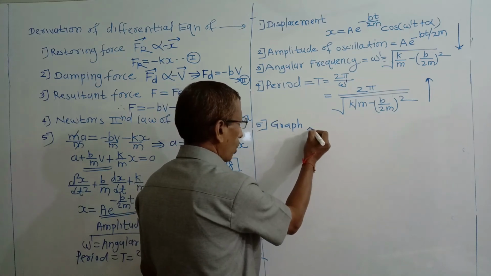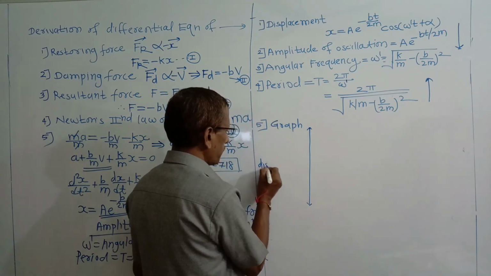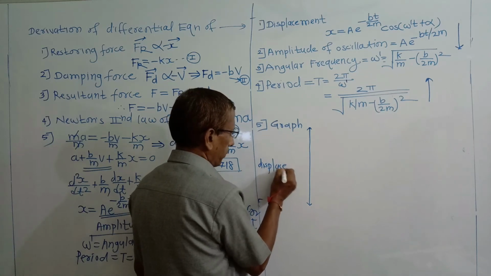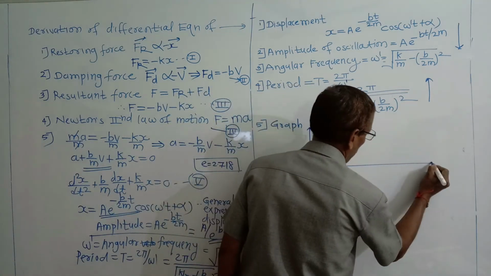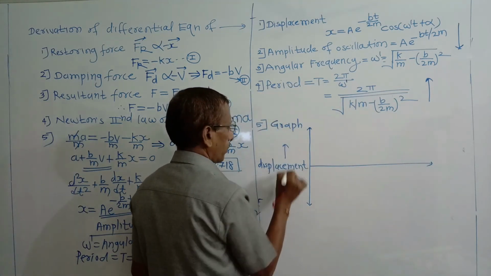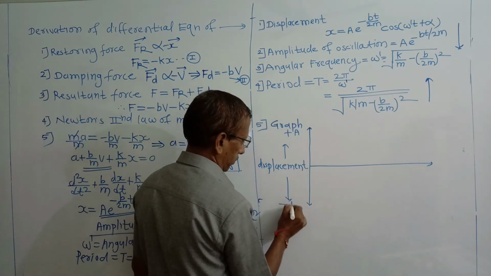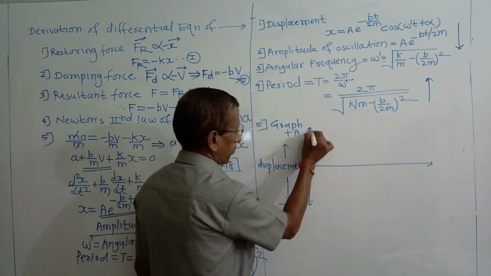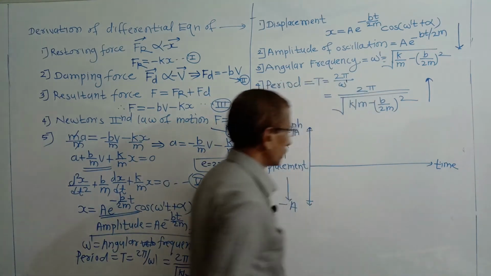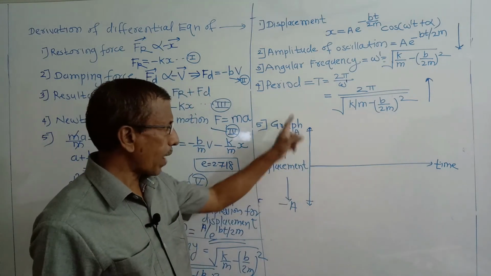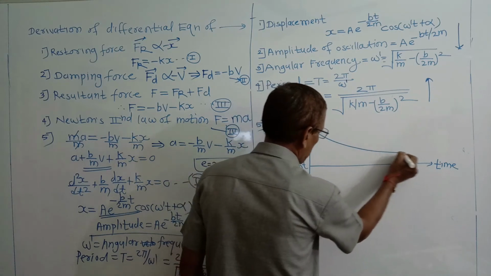On the y-axis we take displacement, and here time. So the displacement or amplitude of oscillation is going to decrease like this.